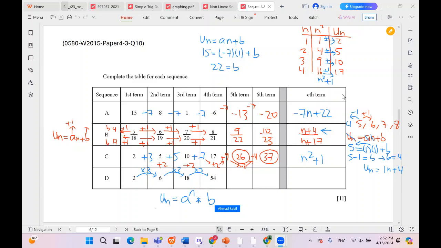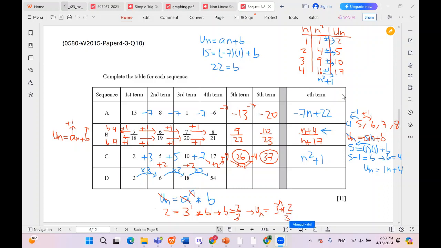So all you have to do now is plug a as 3, because we're doing times 3, and n is 1, and un will be 2. So 2 equals 3 power 1 times b. So b equals 2 over 3. So therefore, un equals 3 power n times 2 over 3.